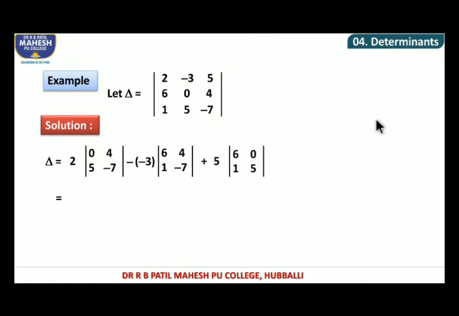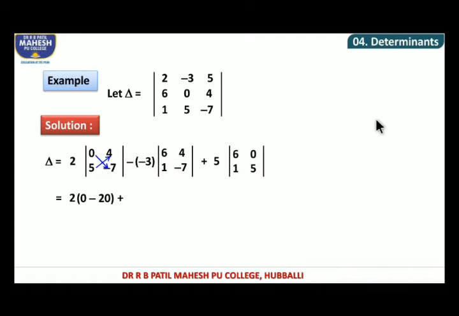Now expand this, means simplify this. Here we have 2 into 0 into minus 7 is 0, minus 5 into 4 is 20. So 0 minus 20.